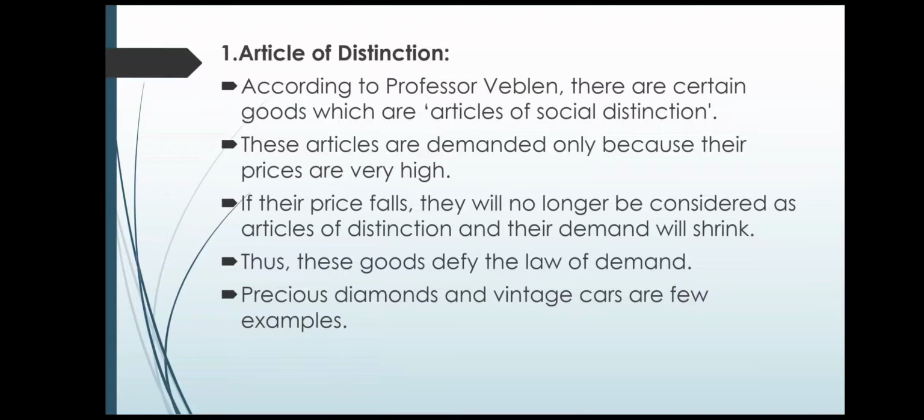Many people will be able to afford it. So that is why its demand will shrink. Few examples of such articles of distinction are precious diamonds, vintage cars, and even the precious vintage paintings that are available. All these goods are articles of distinction, and consumers are willing to pay more and more price for these products.